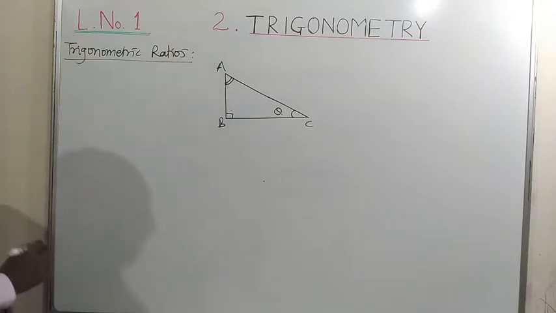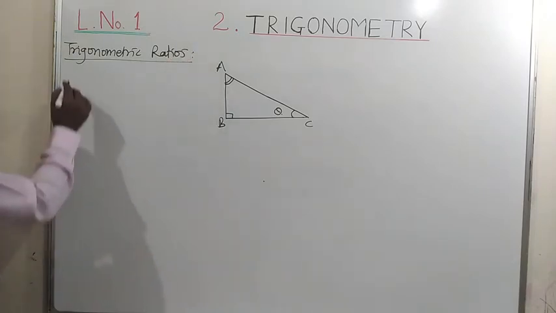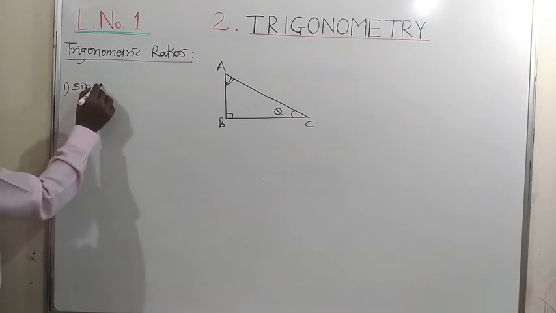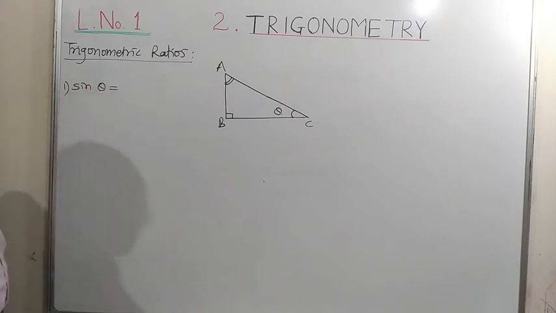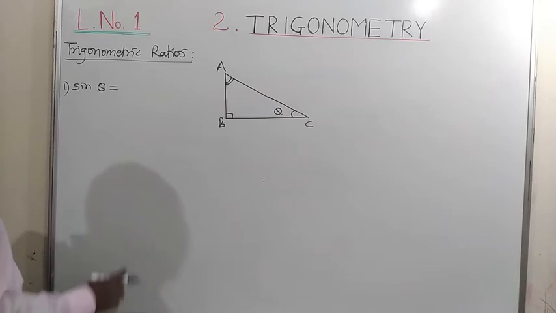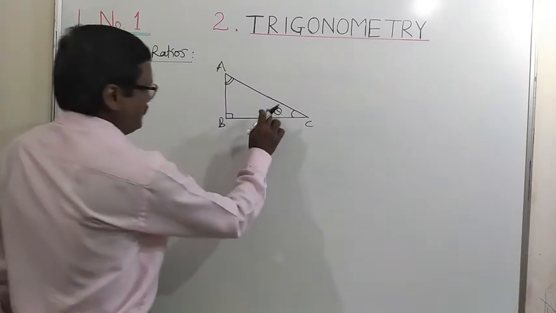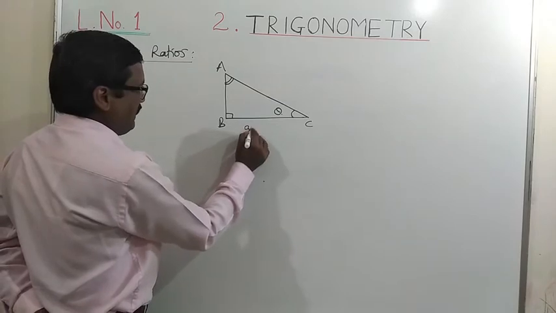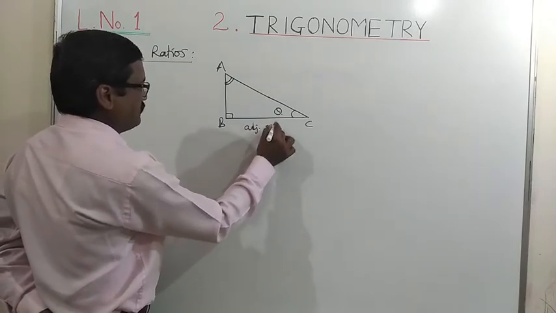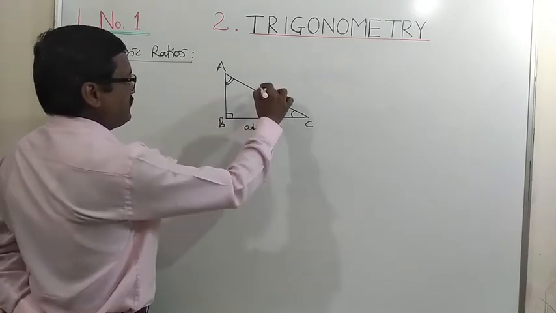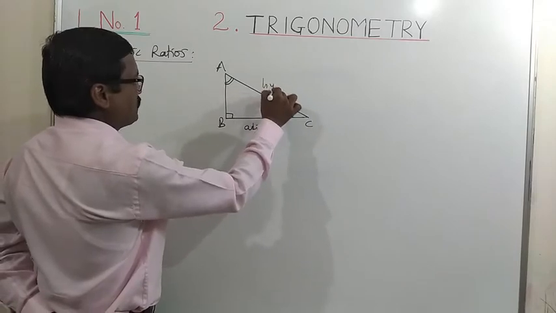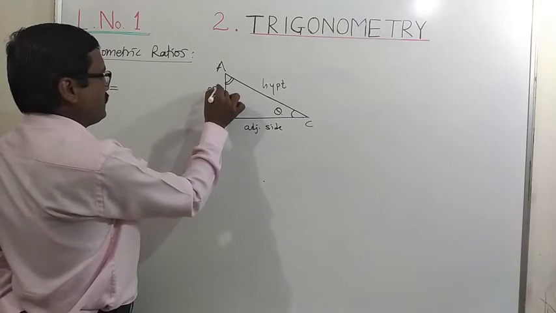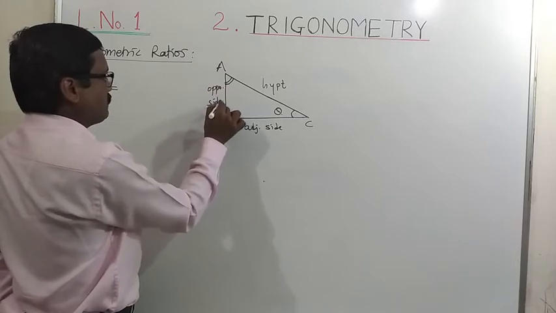Let us once again recall the definitions of trigonometric ratios. The first trigonometric ratio is sine of this acute angle theta. In case of a right angle triangle, if theta is this angle, then this side, the base, is called the adjacent side of this angle theta. This is obviously the hypotenuse, and this side is called the opposite side.